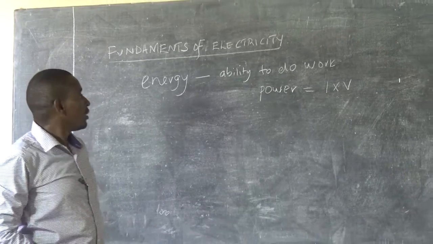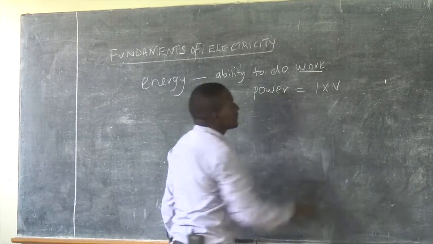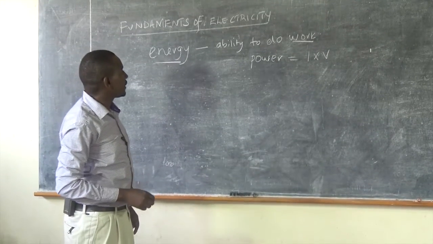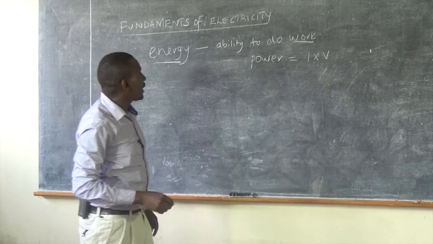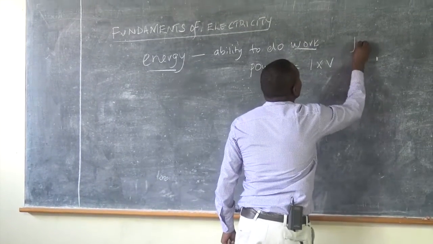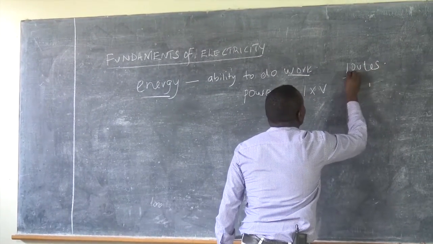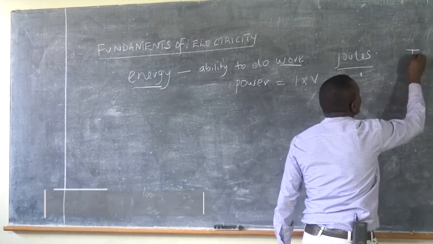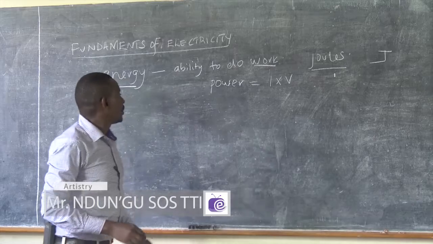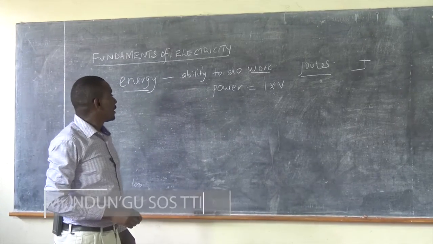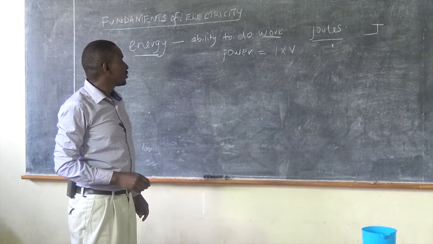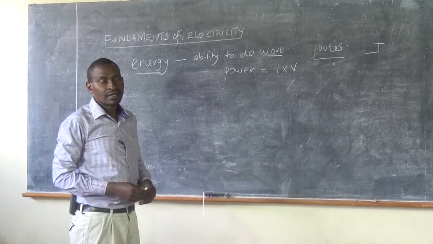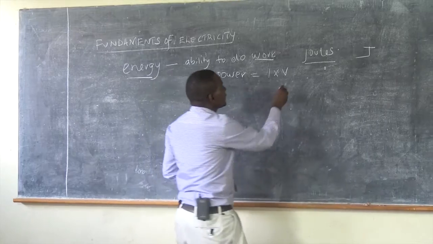So you find that work has the same units as energy, and the units are in joules, always given by capital J. In electrical to be specific, power and energy are related.